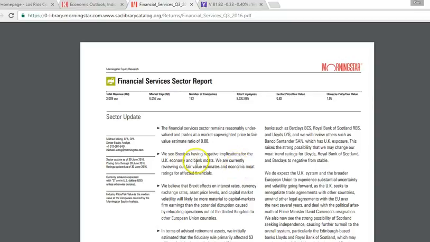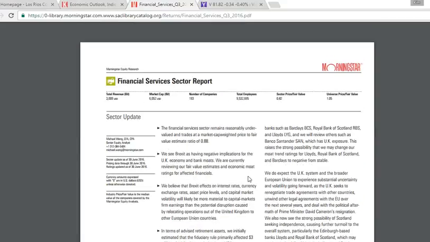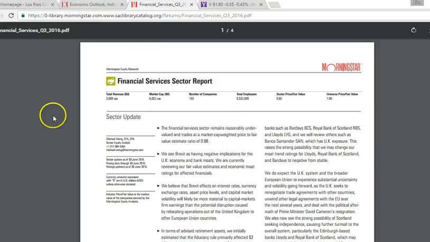So this mentions Brexit. It has several bits of information that's important for me to make a decision. So I read through that, and I still really am interested in buying a financial services stock.